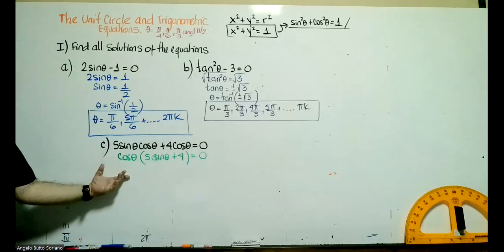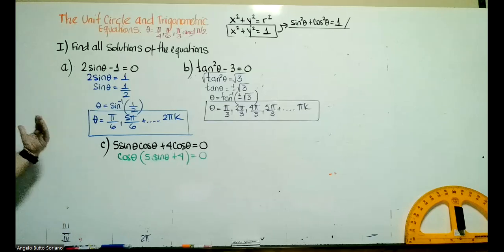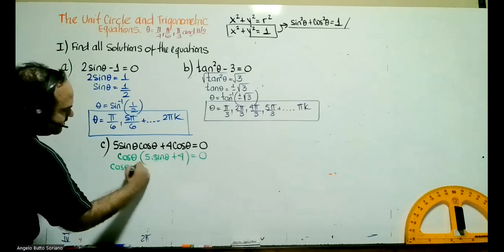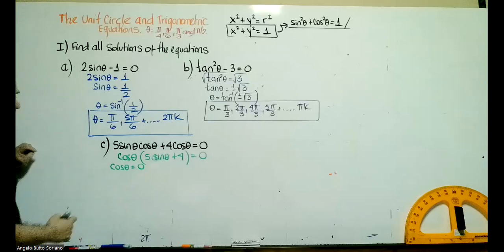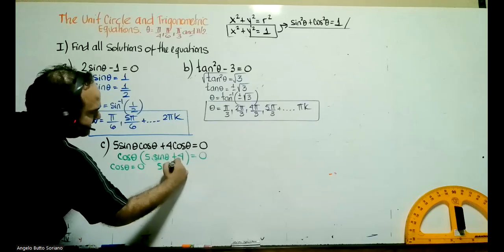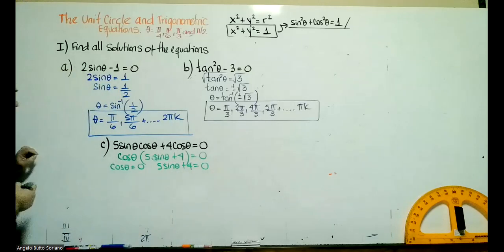And what do we have to do in this case? Well, simple. We're going to apply the null factor theorem. That means I'm going to set each factor equal to 0. I mean, cosine theta equals 0 and 5 sine theta plus 4 equals 0.